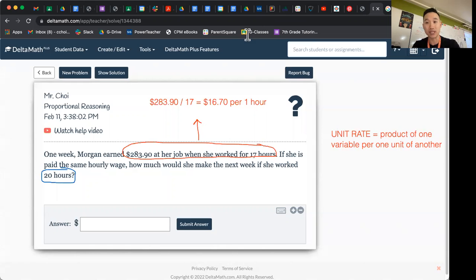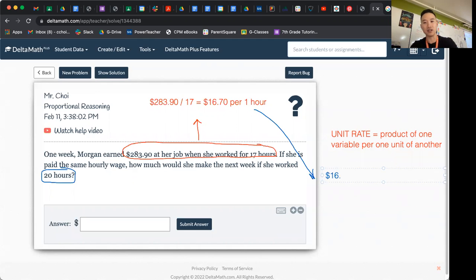So if she works for 20 hours, that's the second situation. What do we have to do? We have to multiply this times 20. It's like if she works 1 hour, she earns this much, and she has 20 of those hours, then you need to multiply the amount of money she earned 20 times, right?